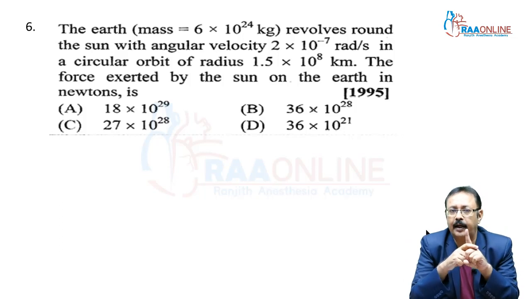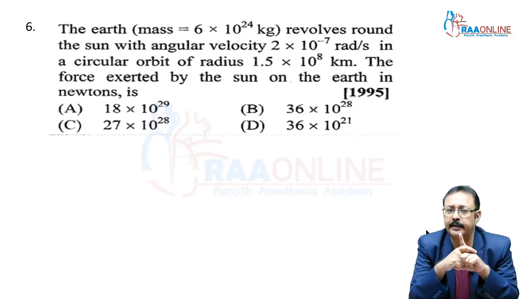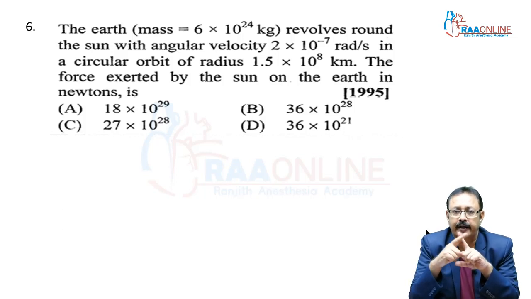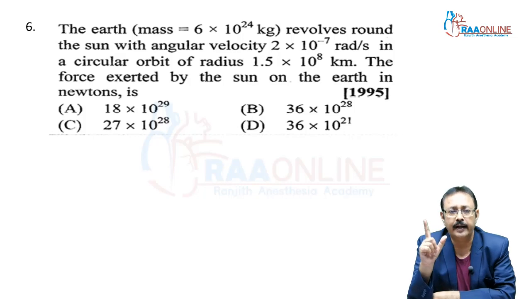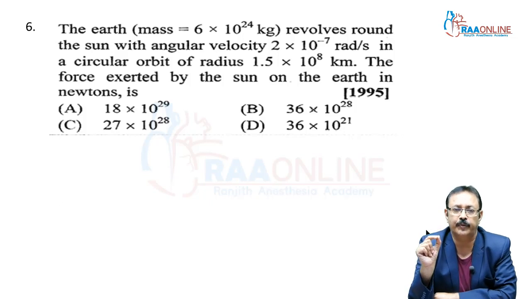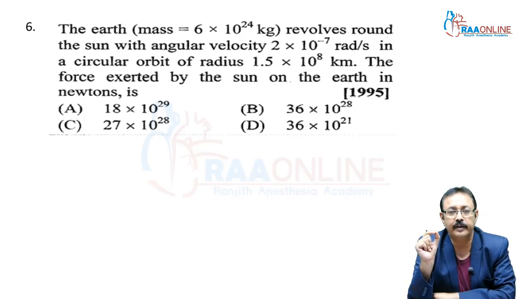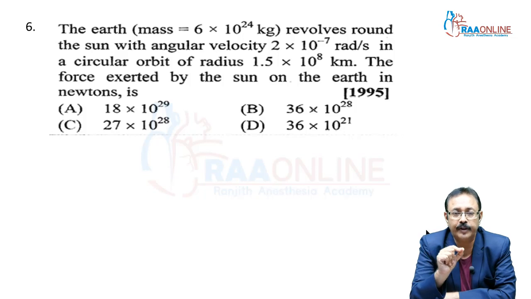The sun is applying a force on the earth. The earth is spending this force in orbiting around the sun, because any object which is moving in a circle needs centripetal force. And from where is it getting that centripetal force? In this case, it is getting it from the force which the sun is exerting on the earth.